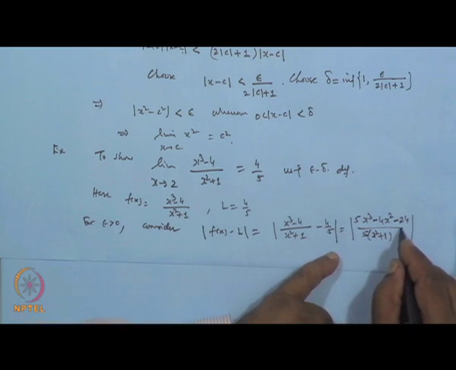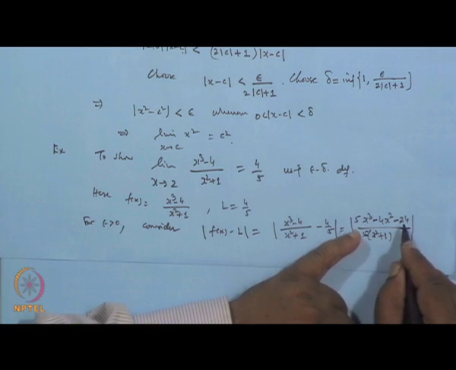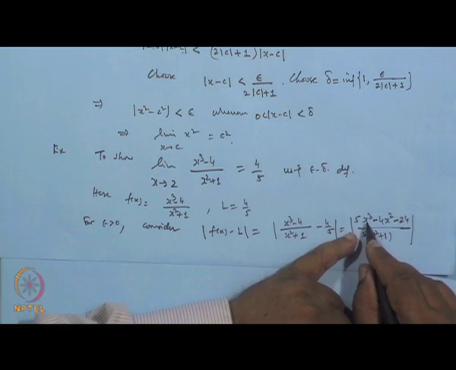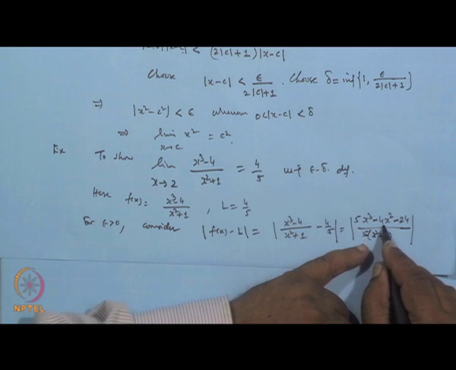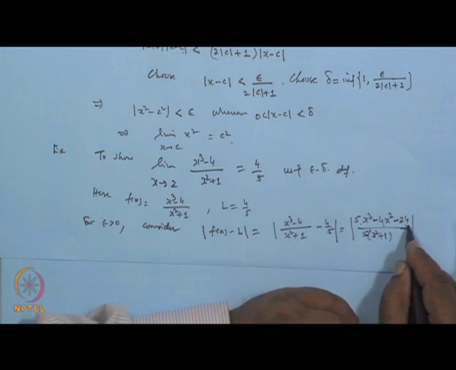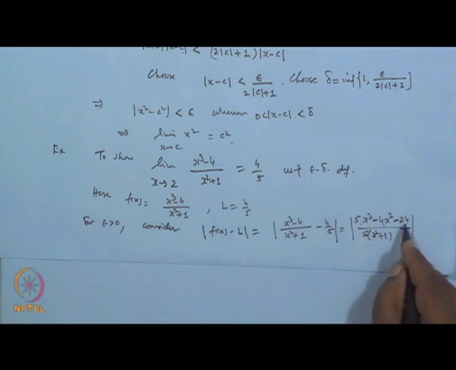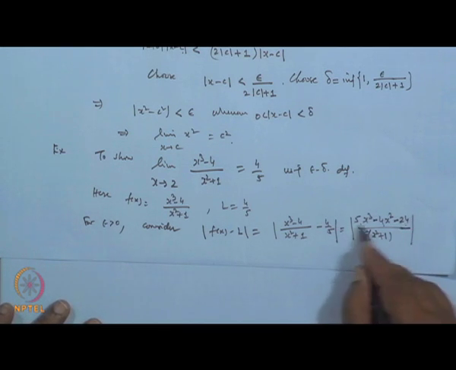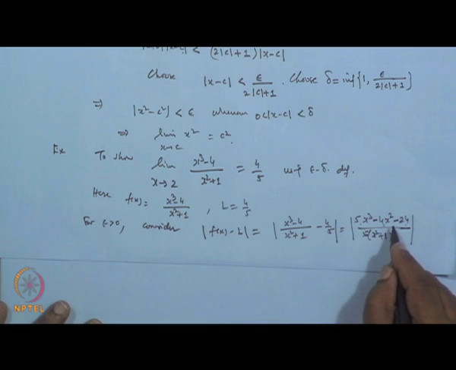Now, if we look at the numerator, x equal to 2 satisfies it: 40 minus 16 minus 24 is 0. It means x minus 2 will be a factor of this expression. So, we can separate out the x minus 2 factor from the numerator.